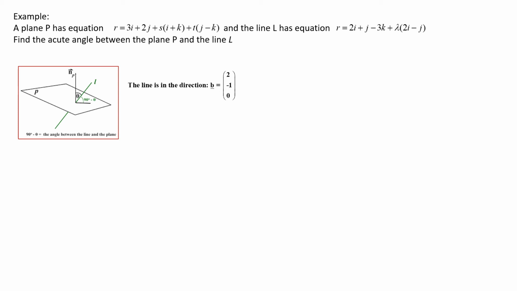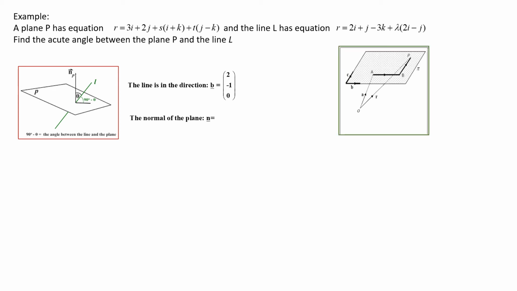Now we want to determine the normal to the plane. We refer to this equation. But in this equation, you don't have the normal here. You must know that the equation of the plane can be written in different forms.